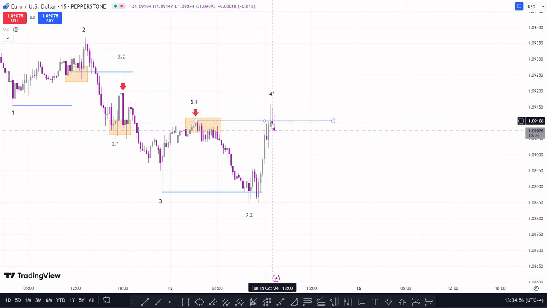After ng selling pressure, nagkaroon tayo ng another candle wick na masyadong mahaba. Signifying there is another sellers coming in, nakita nila yung failed attempt, or this could be a market maker triggering the liquidity to position themselves.